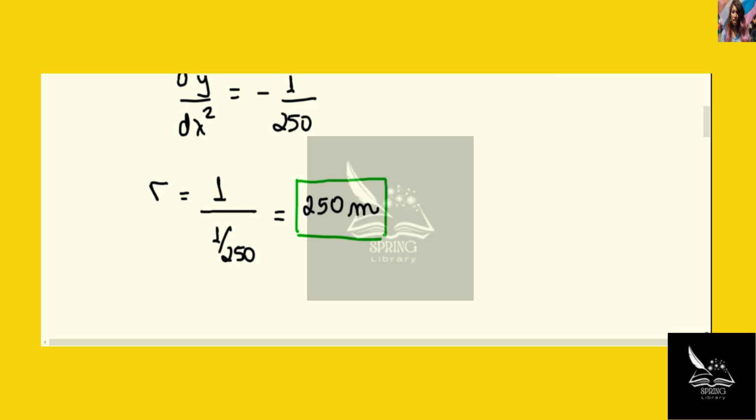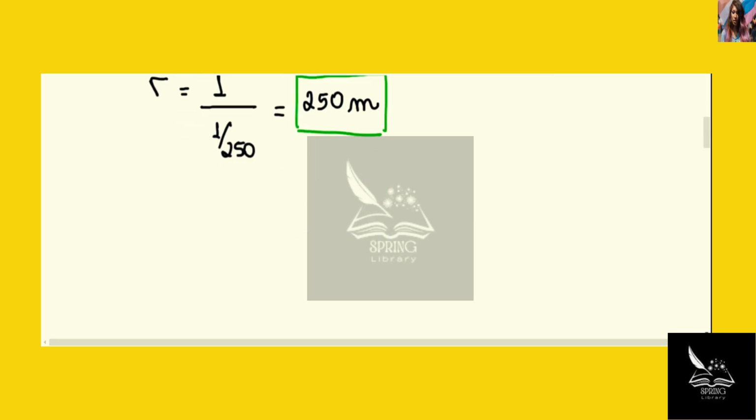Now we can calculate the maximum acceleration. I'm going to draw the free body diagram on the car. So this is the car. The forces that act on the car are the normal, acting upwards, and the gravitational force acting downwards. And notice that the total acceleration of the car is pointing downwards.